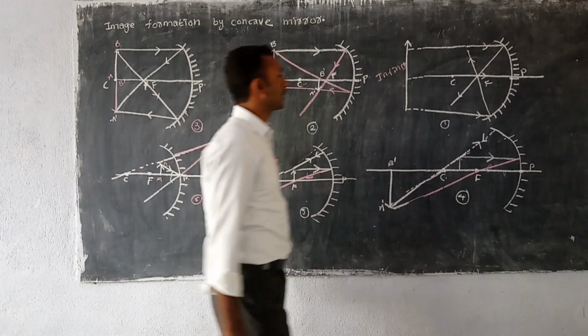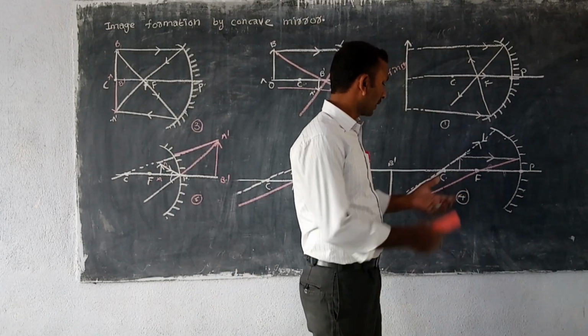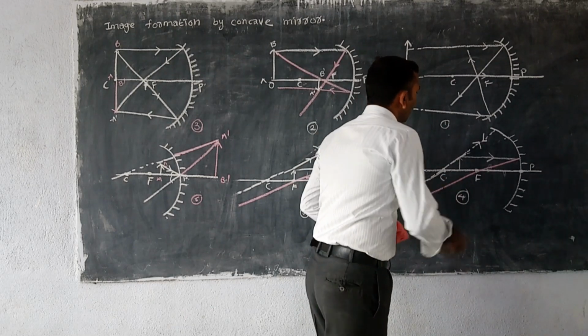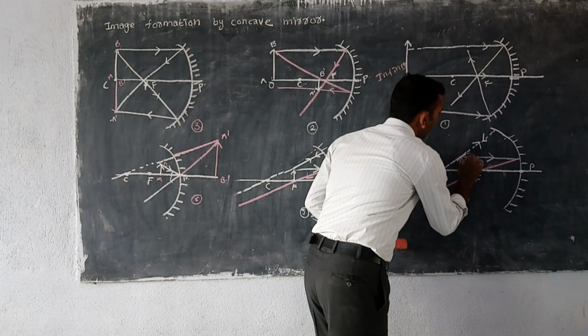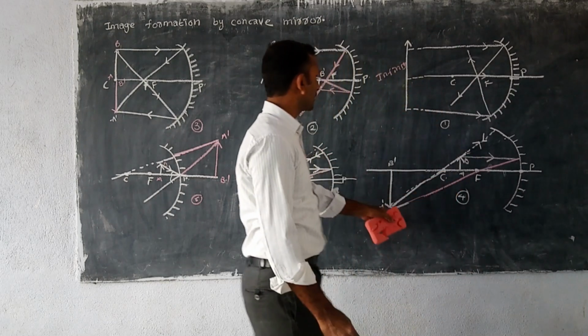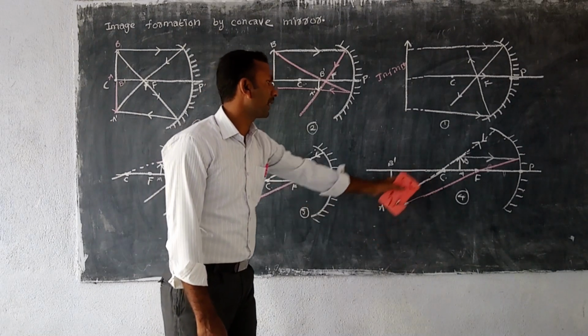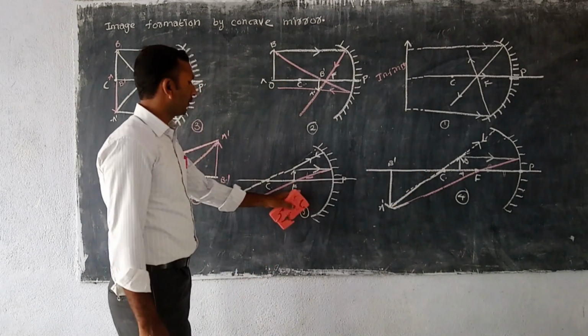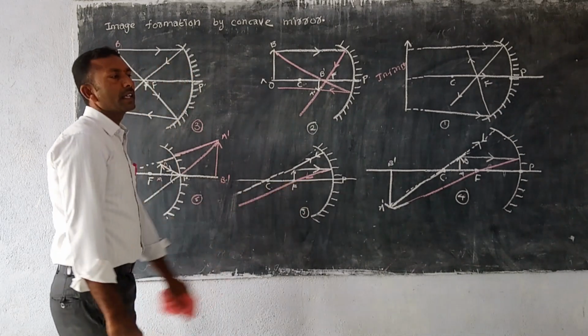And in the fourth case, we are keeping the object between the center of curvature and focal point, and the image will form beyond the center of curvature and bigger in size than the object. And here, if you are keeping the object at the focal point, the image will form at infinity.